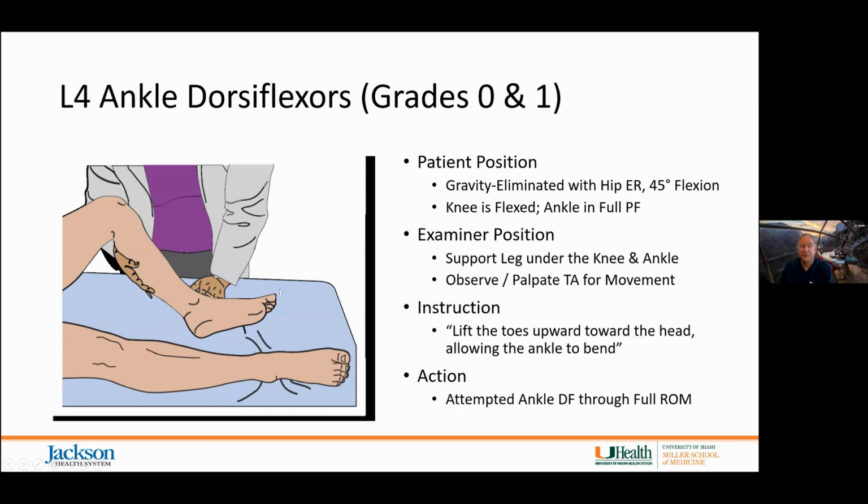And so you're looking for a visible contraction of the anterior dorsiflexors and to see if they can move the ankle through its full range of motion. If they can't move it through its full range of motion with that gravity eliminated, you score them a 1, or if there's no visible or palpable contraction, you score them a 0.